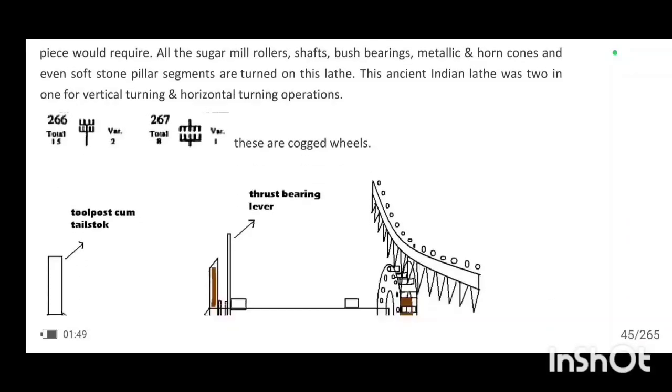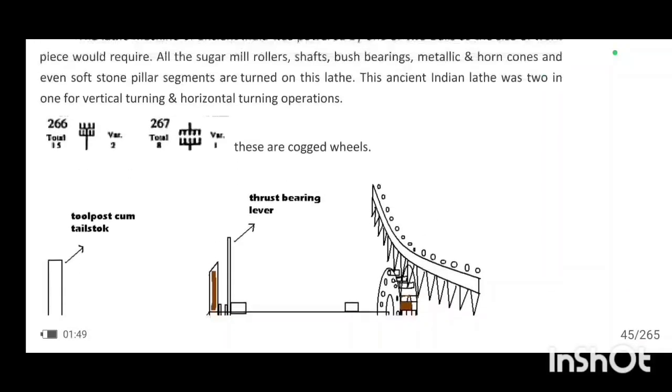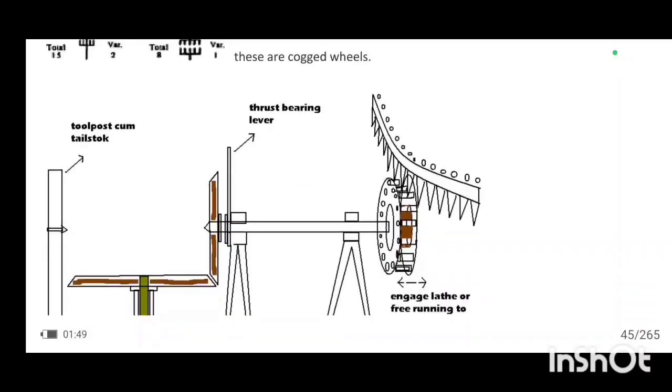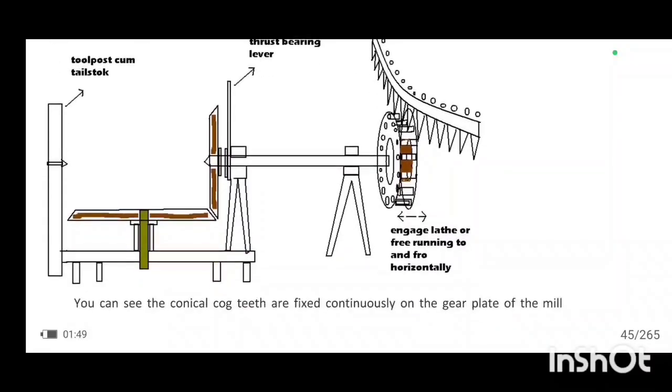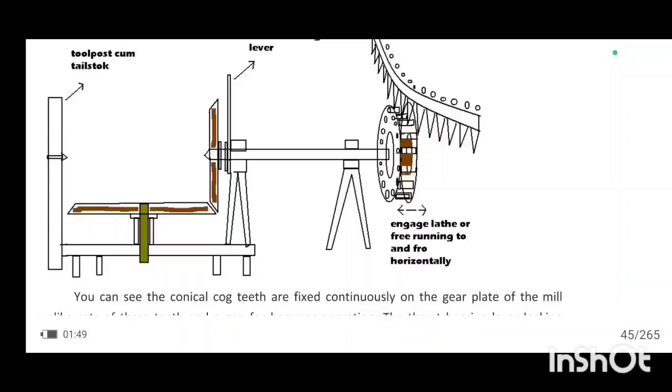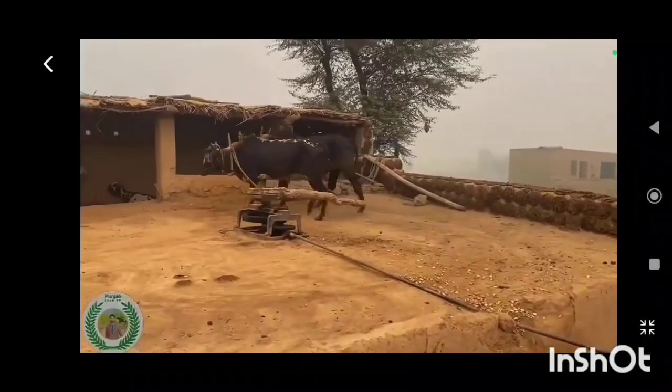This is the lathe machine powered by the same powerhouse structure. You can see teeth continuously turning a cogged wheel smoothly to cause wood turning lathe, vertical lathe, horizontal lathe, whatever it is.